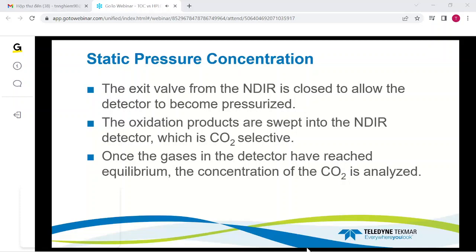That allows the CO2, the carbon that's been converted to CO2, to build inside that detector. Once the system has reached equilibrium, typically around 50 psi, we're taking a snapshot of the CO2, and it's being analyzed directly. So it's one instantaneous reading of a very sensitive sample.